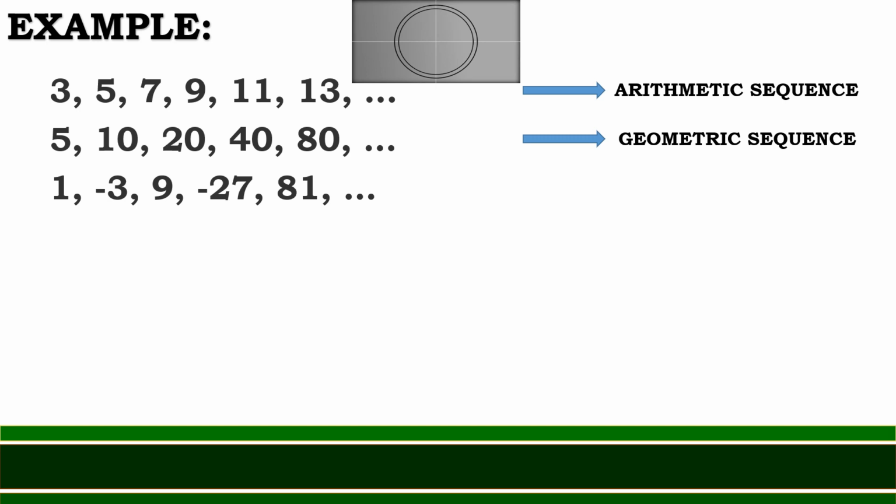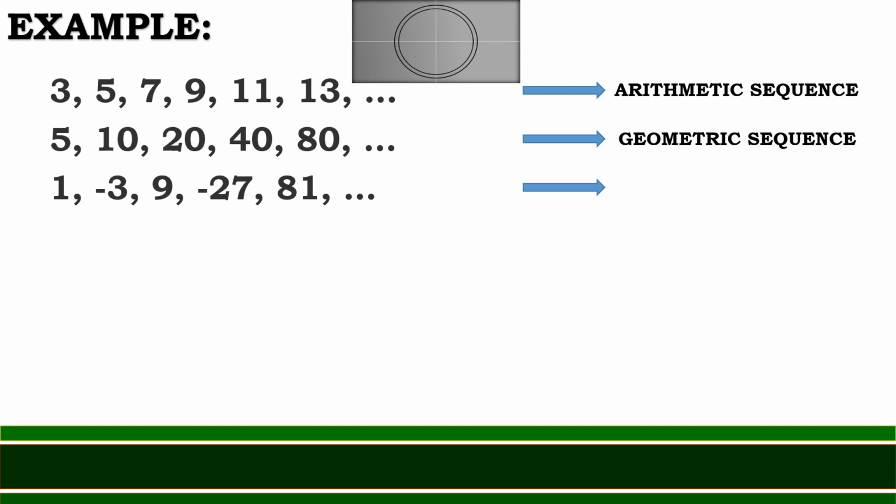We have 1, negative 3, 9, negative 27, positive 81. Okay? So, as you observe, nag-multiply lang tayo ng negative 3.